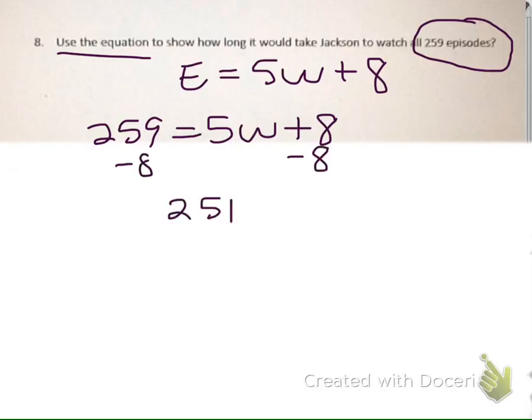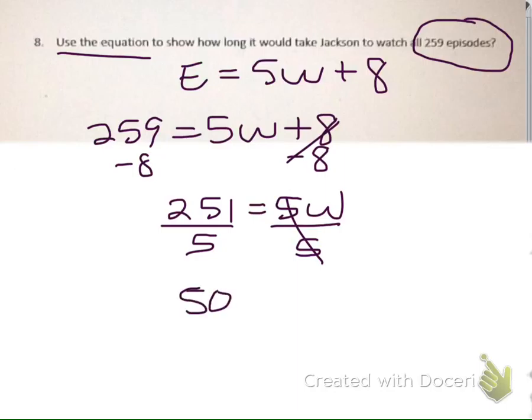I end up with 251 equals 5W. And then I divide by 5 on both sides. And I get 50.2 equals W. So it takes 50.2 weeks to watch 259 episodes, which is, I looked it up, how many episodes of King of the Hill there are.